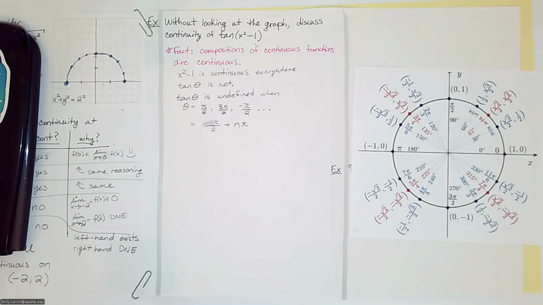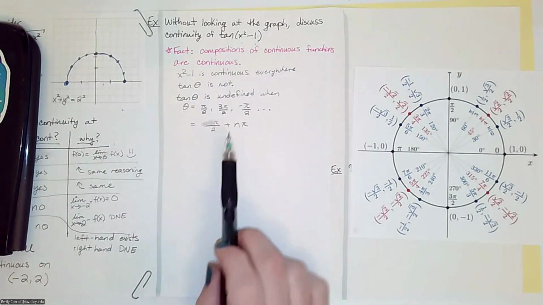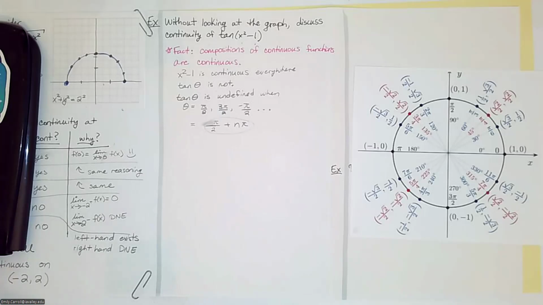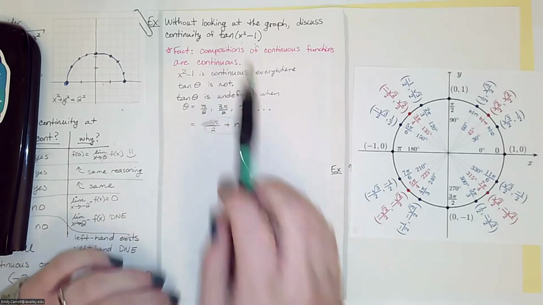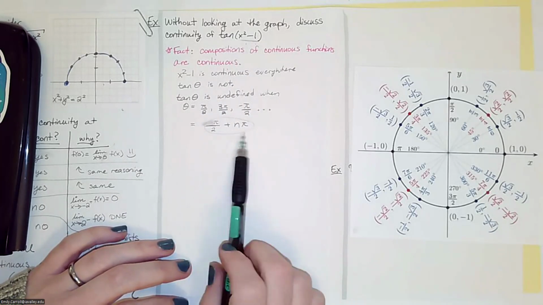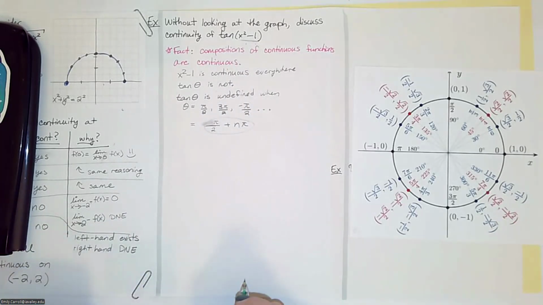So do we say it's discontinuous when x equals some pi over 2 plus n pi? No, because that is the argument that has to go into tangent in order to make it discontinuous. So we have concerns when the inside function could return a number such as this.